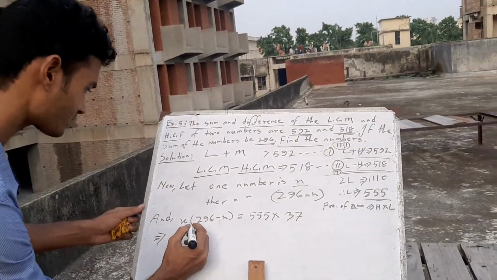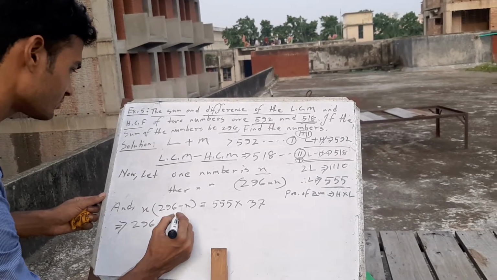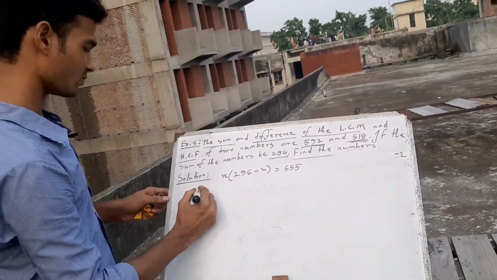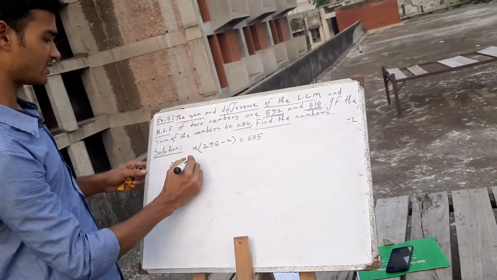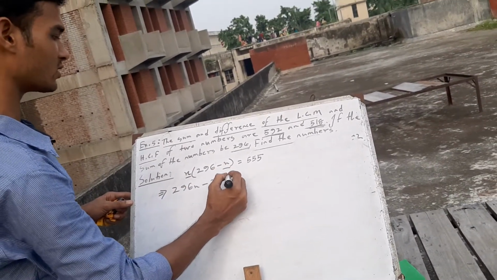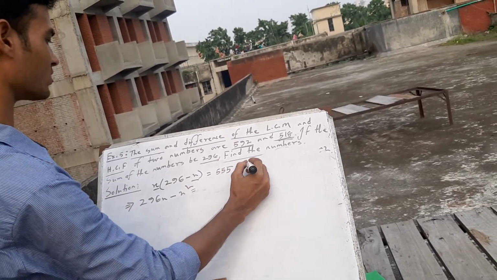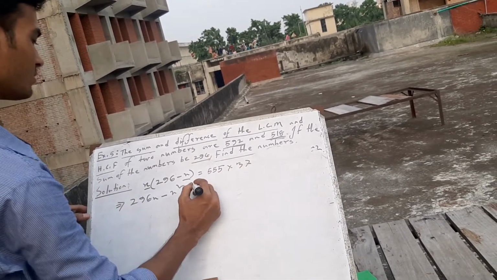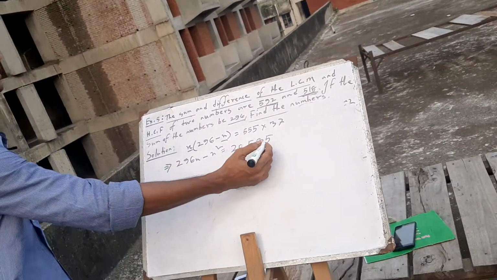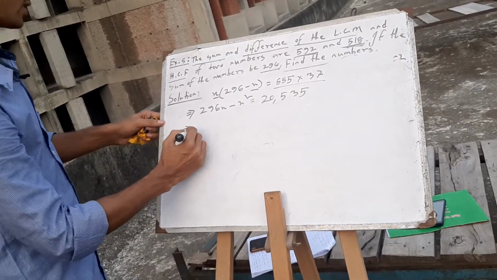By solving the equation, 296 minus X into X equals 555 into 37. Here 20,535 will be the result of multiplying 555 with 37.